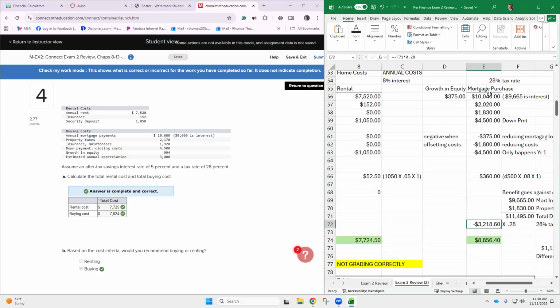Okay. So here are your costs if I put them in right. And then here's what they add up to: 8,856.40. You might try it for your buying cost and let us know if you got that right. Do you understand what I did?